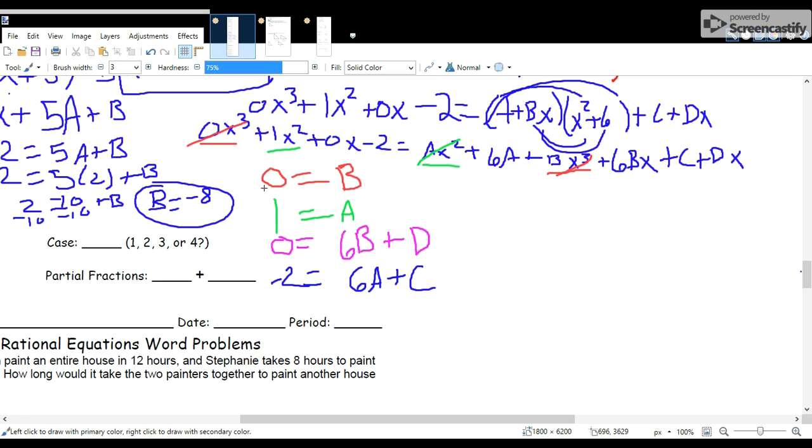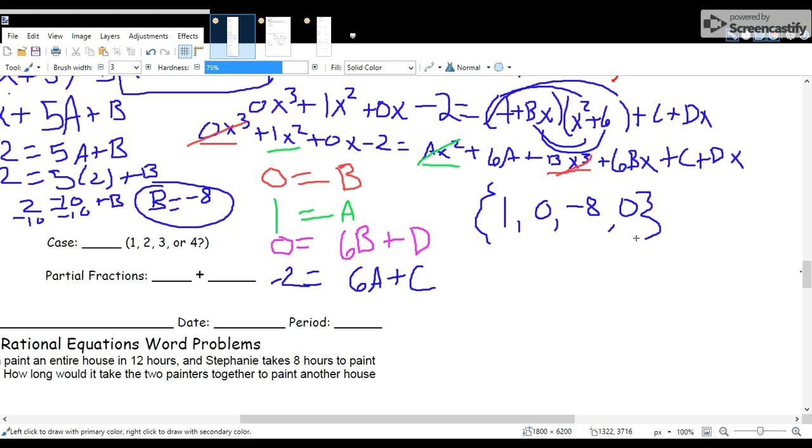Enter the first box, second the second box, and so on. Once you press Enter, you should get this right here. You get 1 for A, 0 for B, -8 for C, and 0 for D.